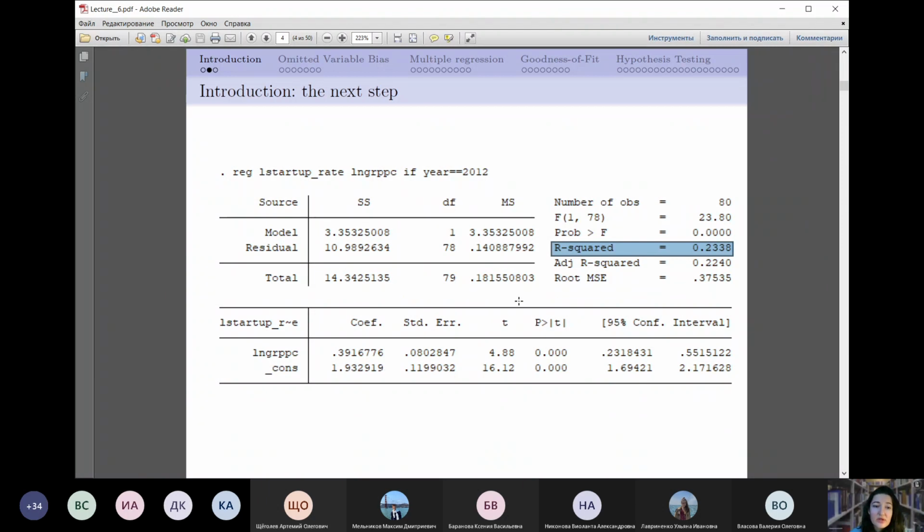This is obvious. Because of this, a simple regression model is not a really good decision for this case, because we exclude from this model some other important factors that could explain some variation in the startup activity.